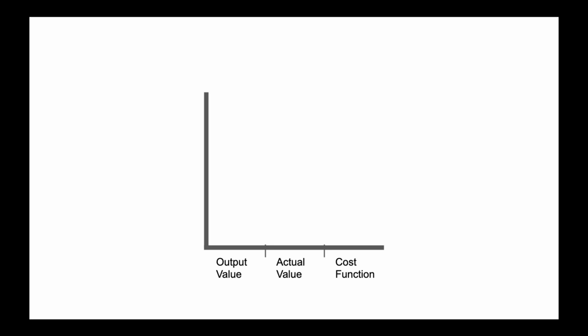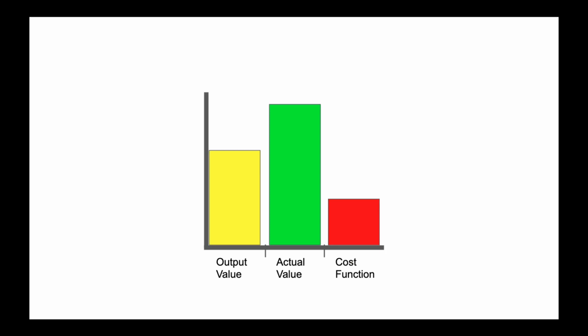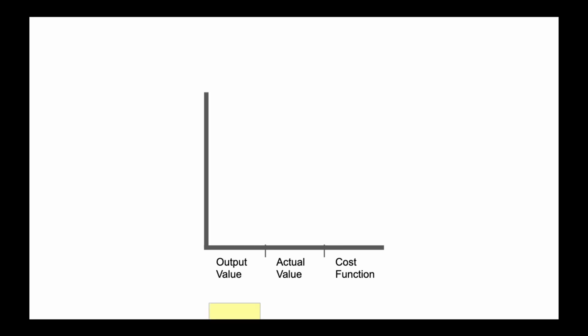The cost function is the error that takes place in the data. So if the output value was this in the yellow box and the actual value was the green box, there would be a cost function because they do not match. But if the output value and the actual value do match, then there would not be a cost function because there was no error that took place.